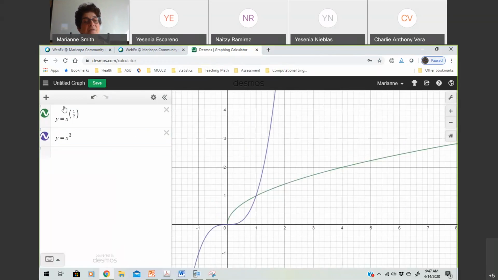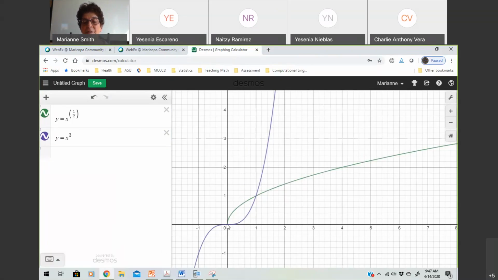Desmos also nicely color coordinates them for you. So the green curve is the square root. That's the upper curve in this situation. The blue curve is the cubic, and that's my lower curve. So my f of x, my upper curve, is the square root. My g of x, my lower curve, is the cubic.